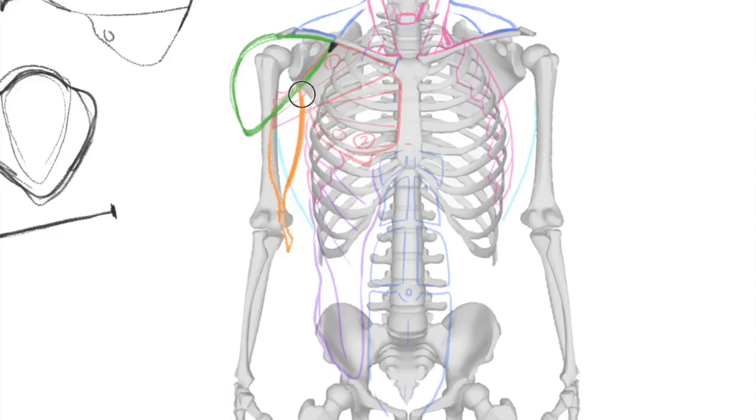So the bicep is creating this kind of shape, very heavy mass, heavy volume on top. It gets very narrow and connects to the side of the forearm.